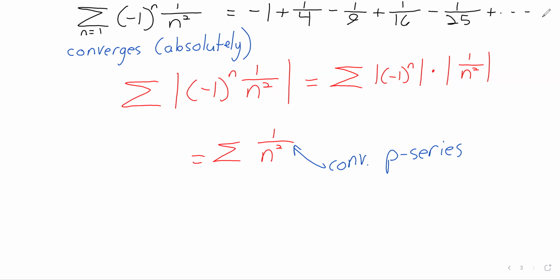So we were able to handle this by using the notion of absolute convergence. And this is sadly not a one-size-fits-all way of dealing with negative numbers.